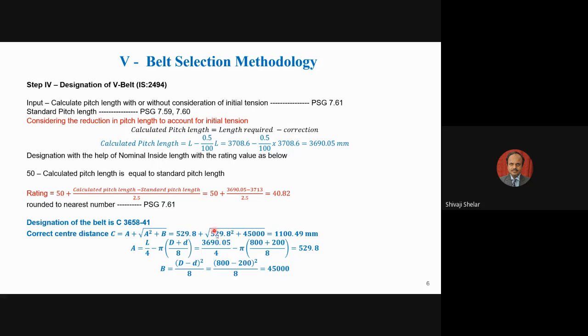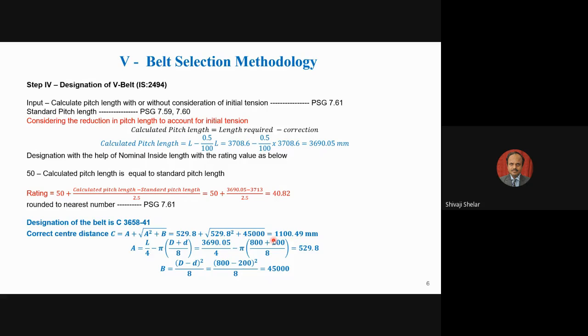When you put this value here and do this calculation, you get the exact center distance for this belt, because based on the belt designation, the center distance will change. So for a 3658 41 grade belt, you require a center distance of approximately 1,100 millimeters. This value is not far from the approximate center distance given in the problem.